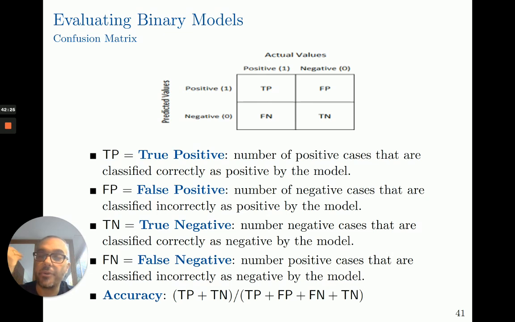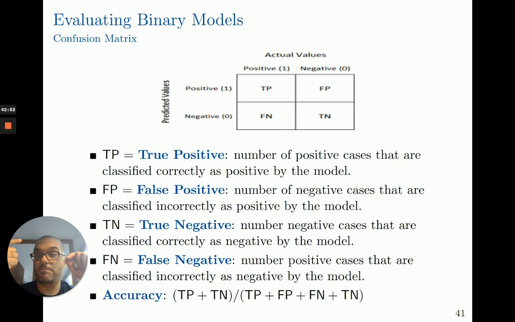So we define the accuracy as the sum of the true positives and the true negatives divided by the sum of all the entries. So a perfect model won't have any false positive and false negative. So we have the true positive and true negative divided by true positive and true negative, and the accuracy will be equal to 1.